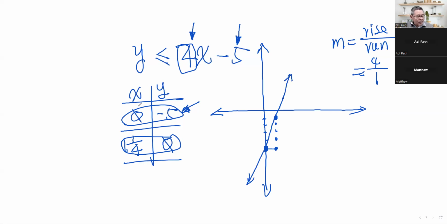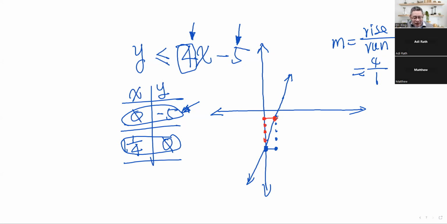Or you can go run first and rise second. So run, rise. You can also do the rise and run. In that case, rise is 1, 2, 3, 4, run is 1. So you get the same point. Then you can graph that.